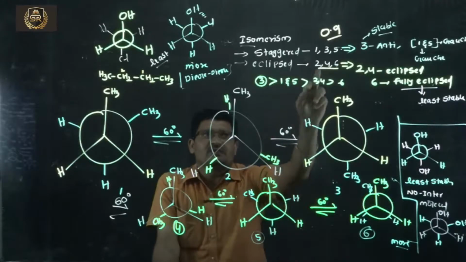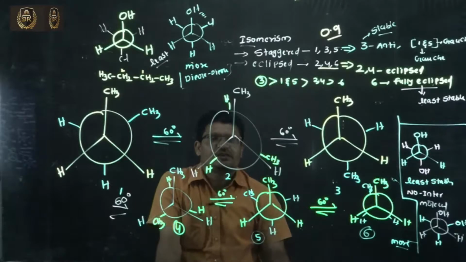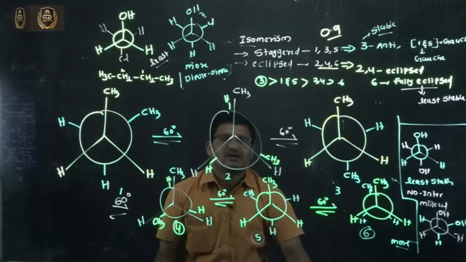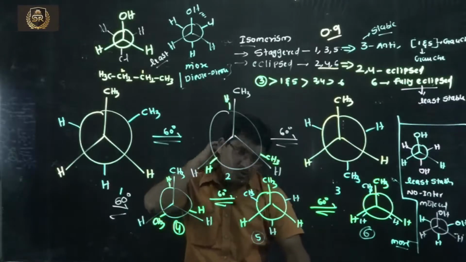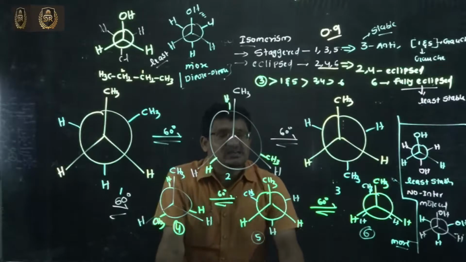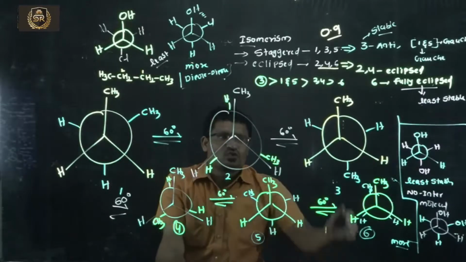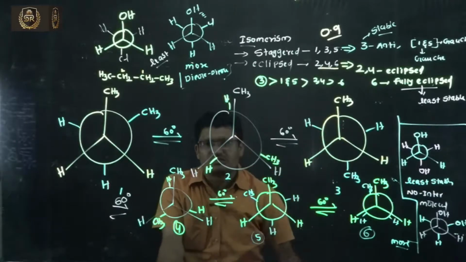In the staggered conformation, the third structure is called anti, and 1 and 5 are Gauche. The anti conformation is very stable, more stable than Gauche, because the 2 methyl groups are opposite to each other.